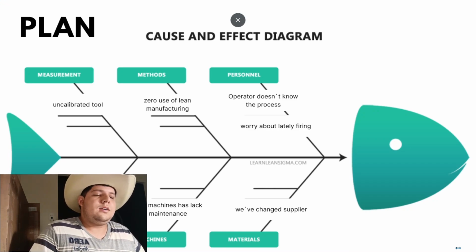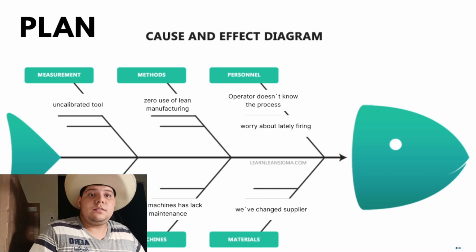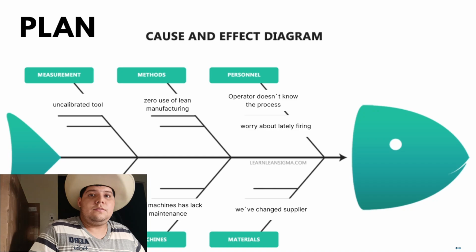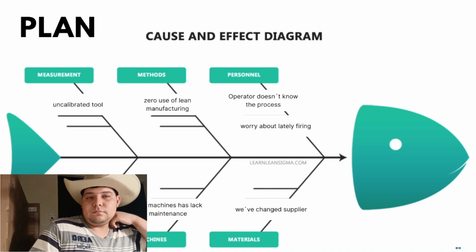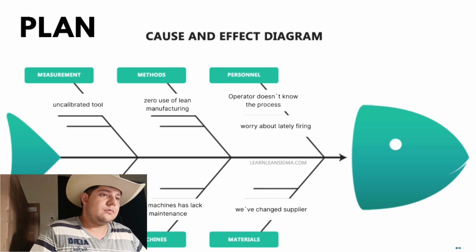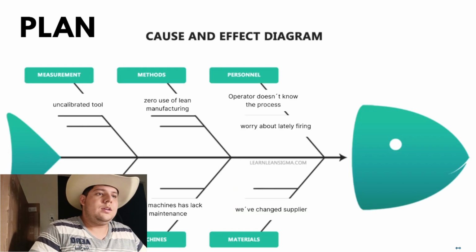In materials, we have changed supplier. Maybe this one is cheaper than the other, the deliveries are faster than the other suppliers, and maybe the quality of the materials has gone down.